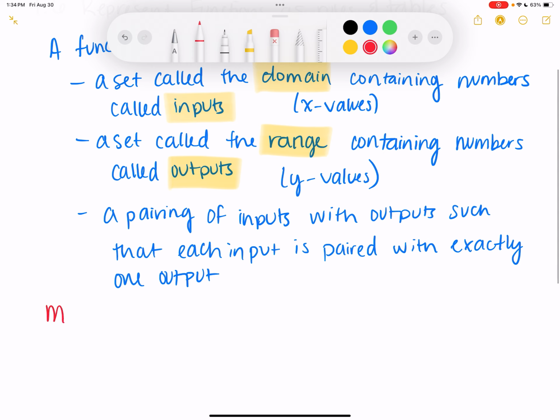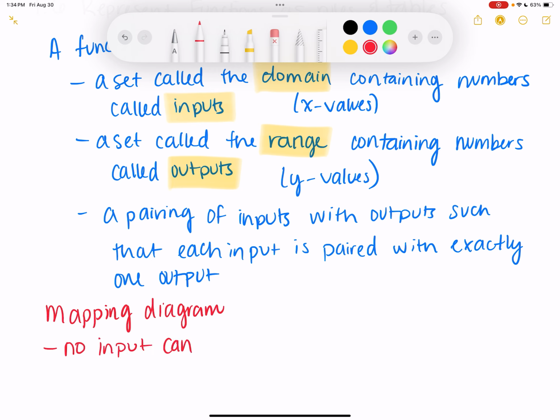We have a way to represent functions called a mapping diagram. And with that, no input can have more than one output.